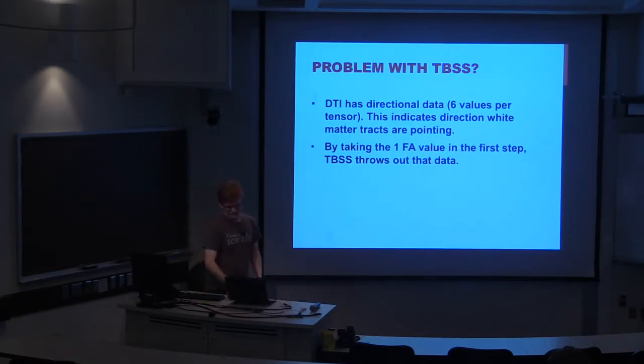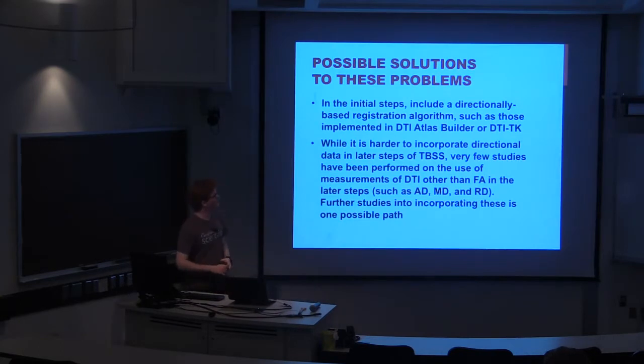And so what I'm trying to do is find a way to use that data that is thrown out by TBSS at the very beginning. The way that I would do this is by finding out how to incorporate this data into each step. The first and probably one of the most obvious ways is to incorporate it into the registration step.